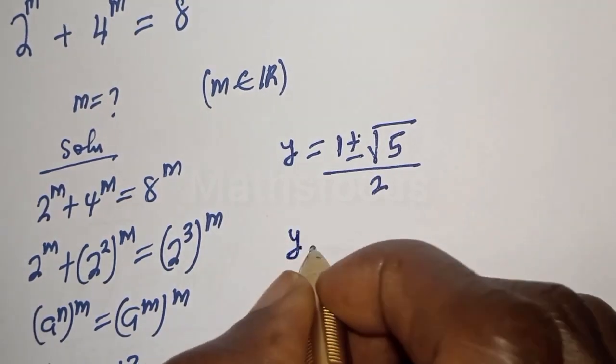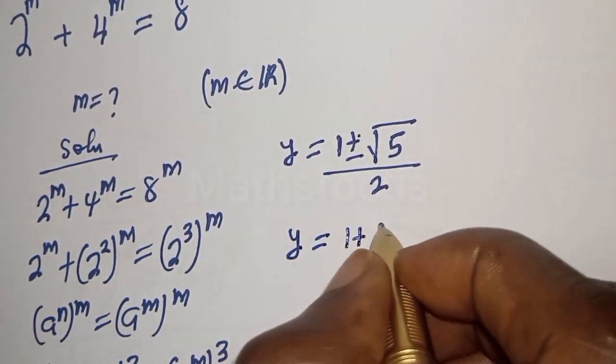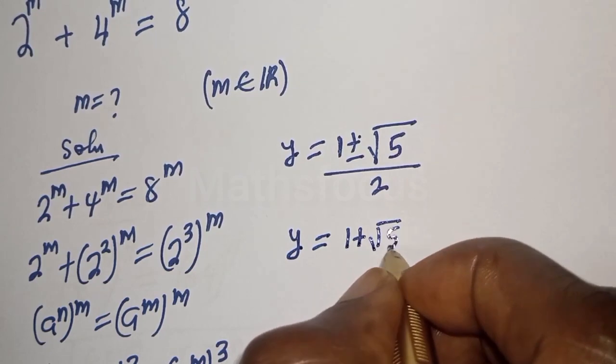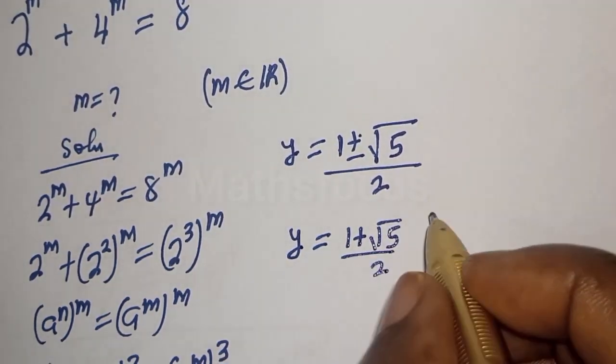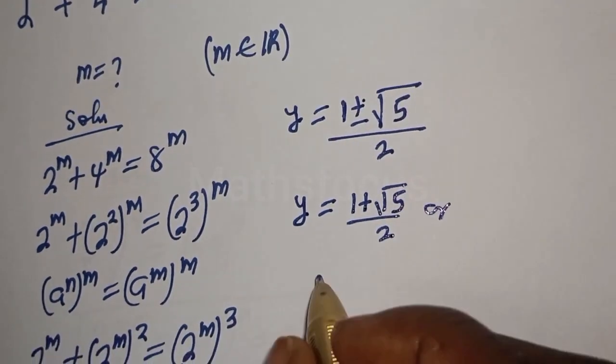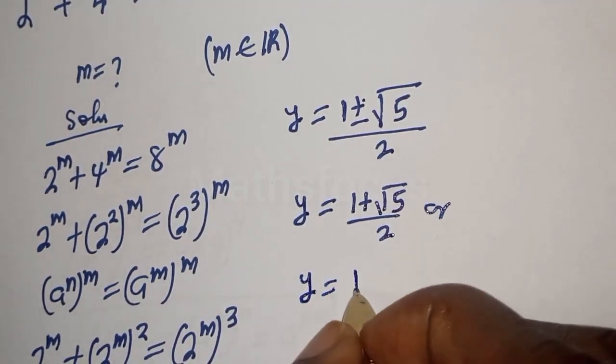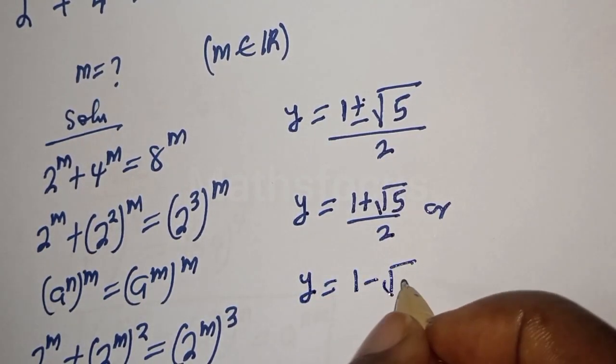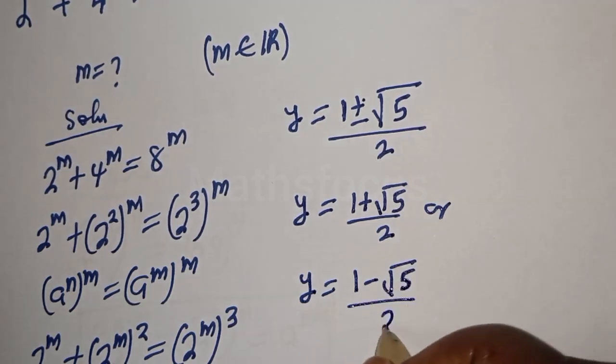Then y is equal to (1 plus square root of 5) over 2, or y is equal to (1 minus square root of 5) over 2.